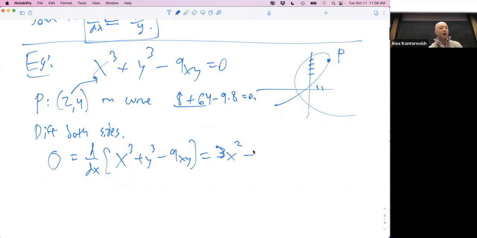The y cubed becomes 3y squared times y prime, dy/dx, right? That's the chain rule. Minus 9 times the product rule. The product rule is the first thing times the derivative of the second thing, that's y prime, plus the derivative of the first, which is 1, times the second.